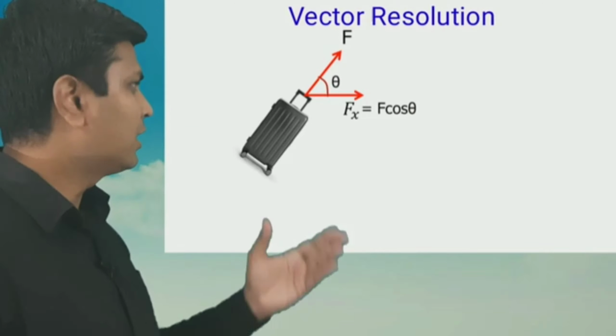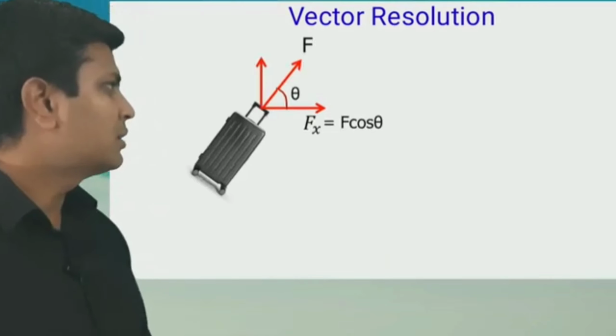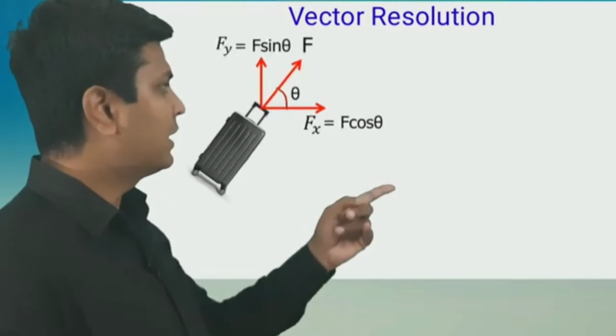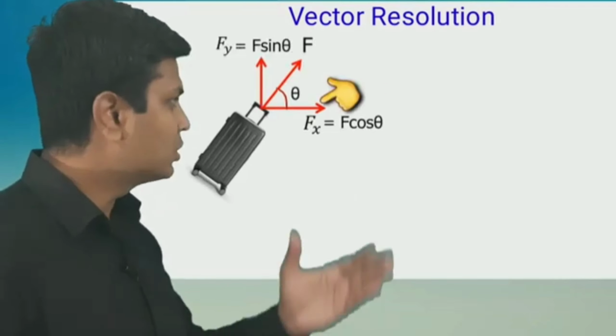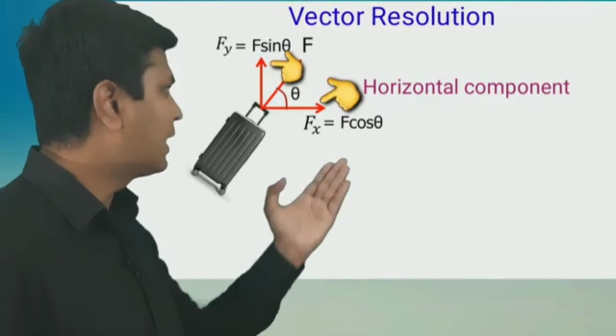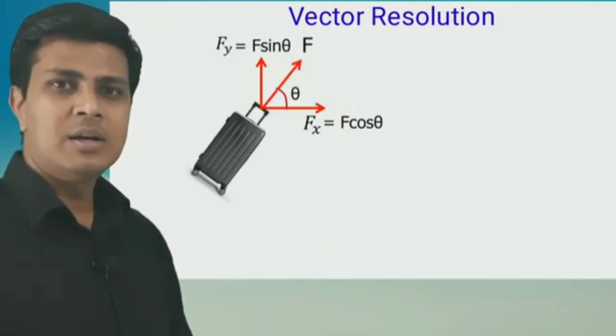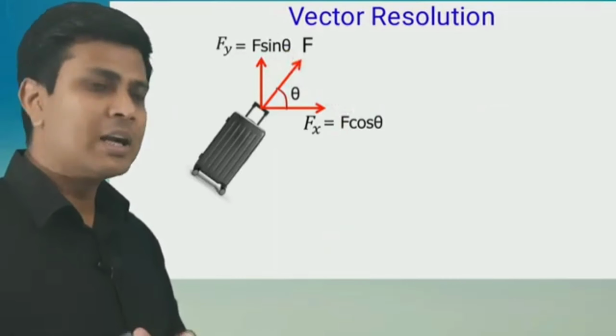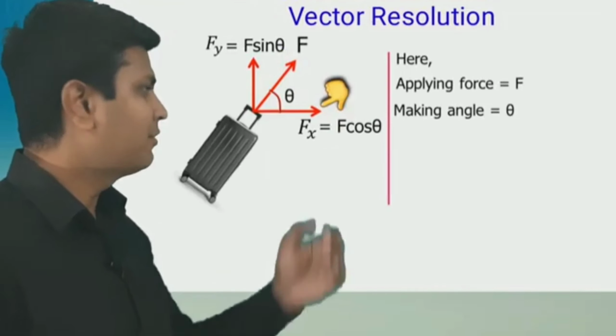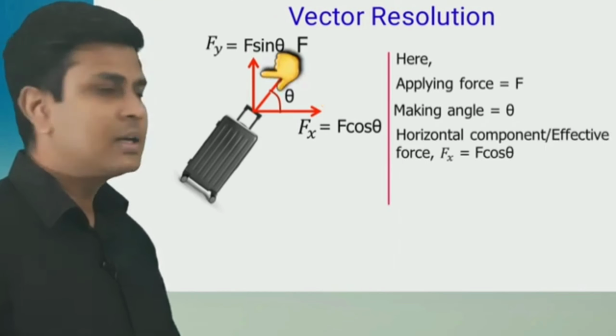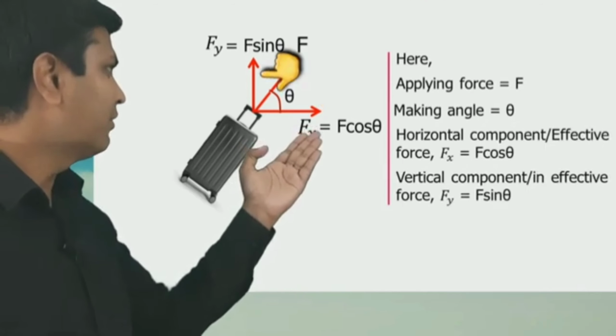In the figure, you can see the vector divided into two components. One is the horizontal component, another is the vertical component. And you have already learned that the horizontal component is F cos theta and the vertical component is F sin theta.